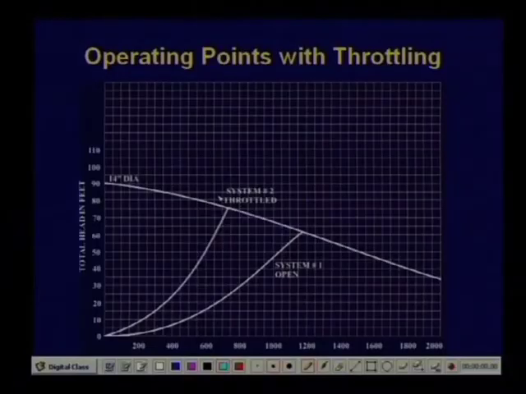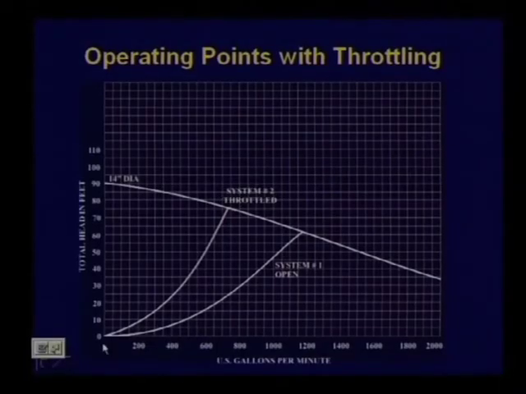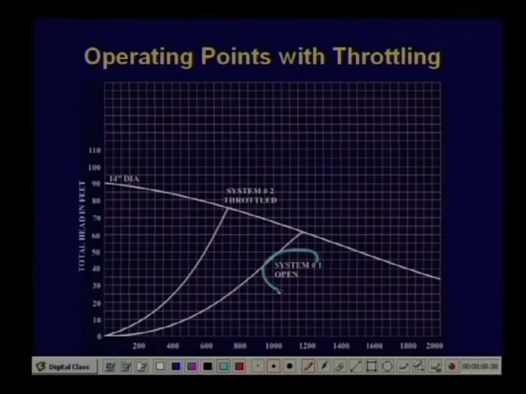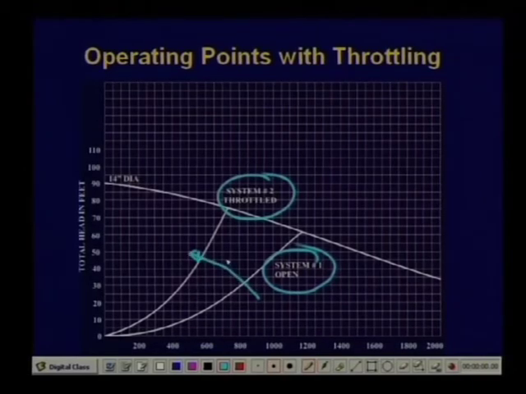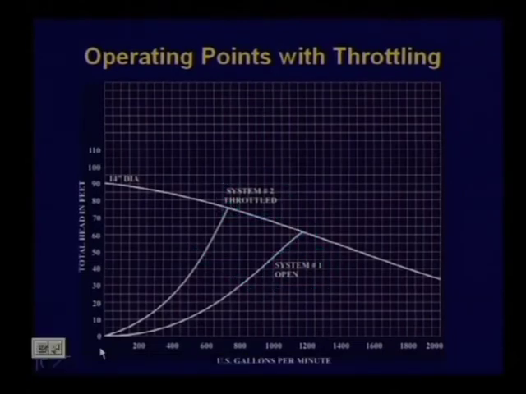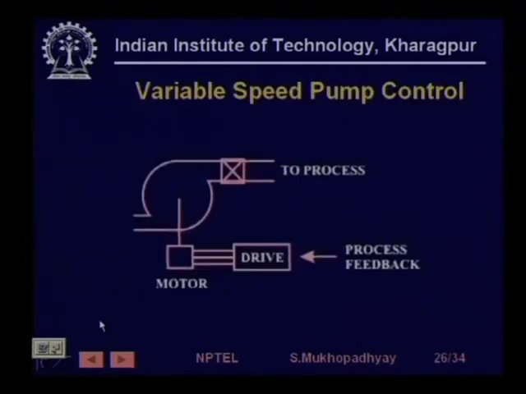So, this shows how the operating point shifts if you have one system which is open, another system which is throttled. Again you see that the load curve changes and the operating point will shift from this to this. The same thing happens here again for pumps.